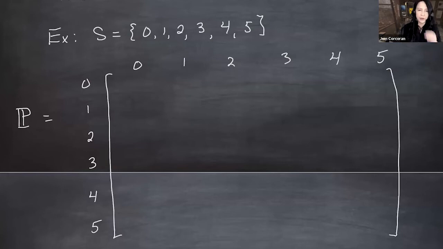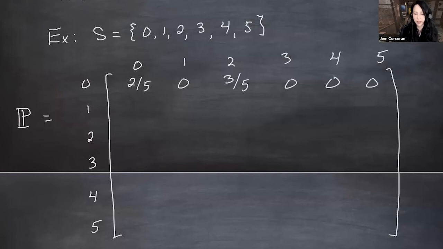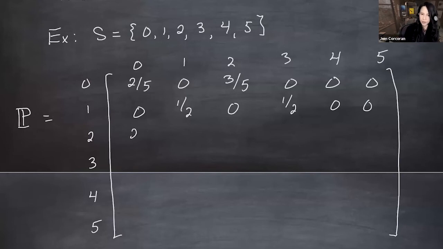But if you're ready and don't want to keep looking up at the screen, across the first row, I have 2/5, 0, 3/5, and then the rest are 0. For the 1 row, I have 0, 1/2, 0, 1/2, 0, and 0. For the 2 row, I have 2/3.